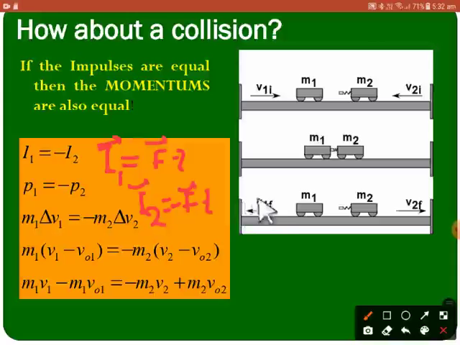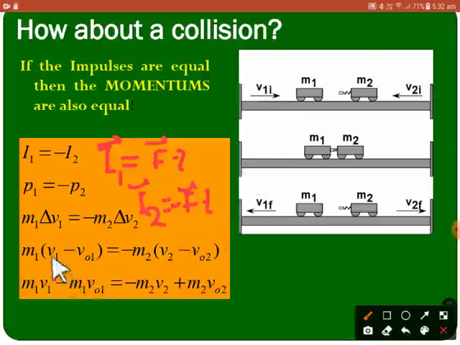This represents your final velocity, V1F, F for final. Just to make you understand, I write I for initial, F for final. So this is the final velocity of the first body, which is denoted here by V1 alone, and this V01 represents the initial velocity.